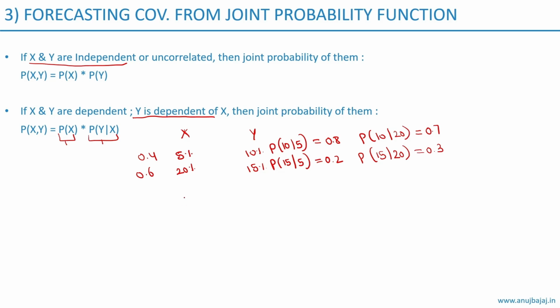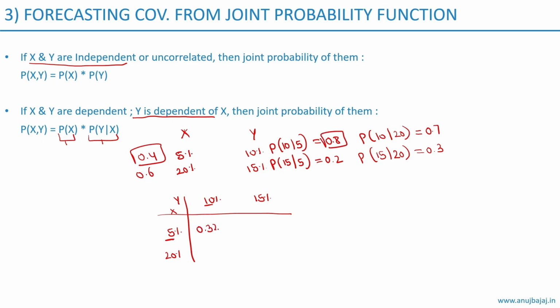So let's form the joint probability matrix. We have X over here and Y over here. X can have two possible outcomes. Either it can generate 5% or 20%, and Y can generate either 10% or 15%. So the joint probability of 5 and 10 equals 40% multiplied by 80%.